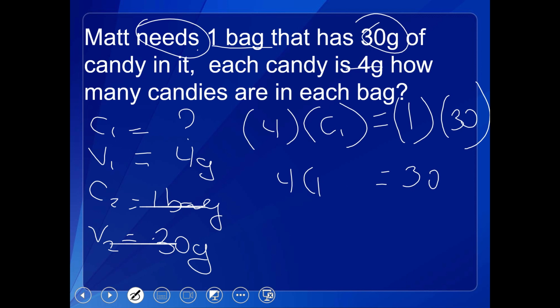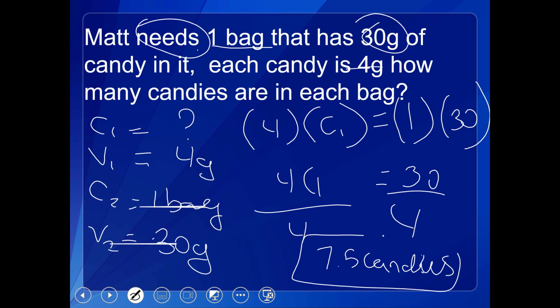Then you divide by 4, and you get 7.5. Box your answer and move on.